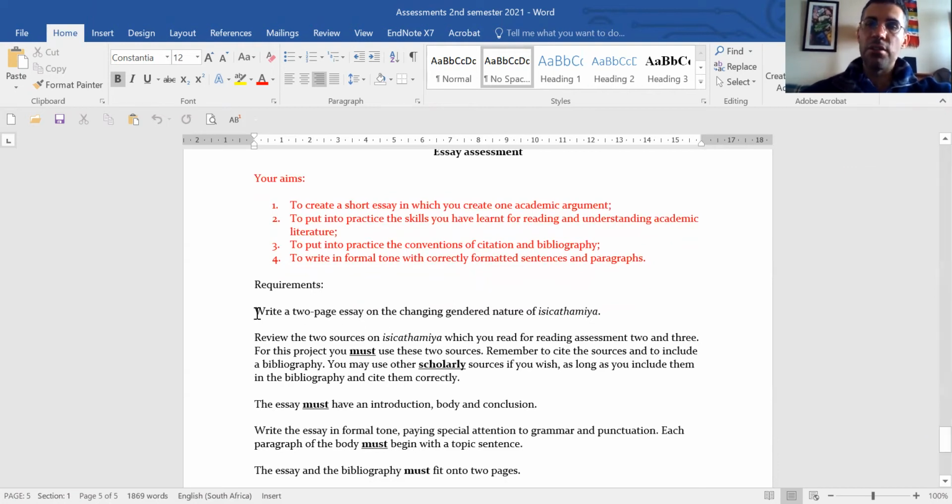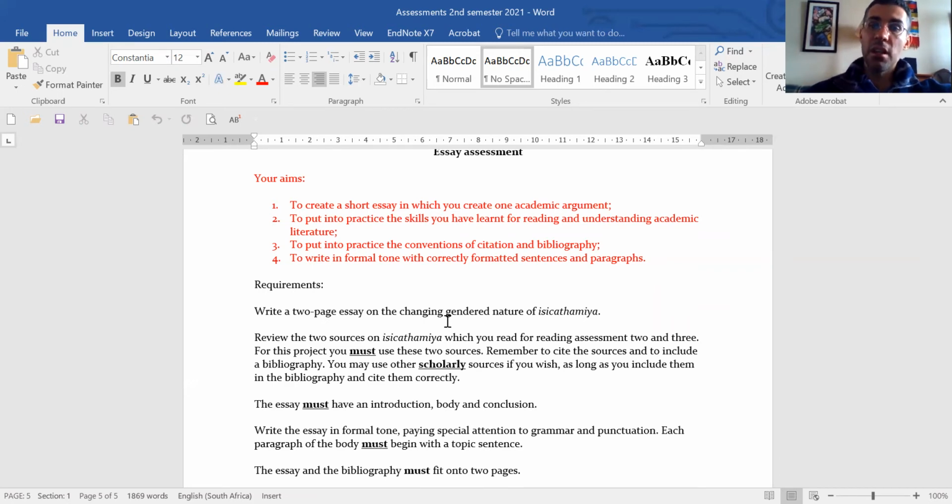The requirement is to write a 2-page essay on the changing gendered nature of iskatamia. Let's think about that carefully, because the two papers that we have been reading, one by Gunnar and one by Ndlovu, have different feelings about the representation of maleness or masculinity.